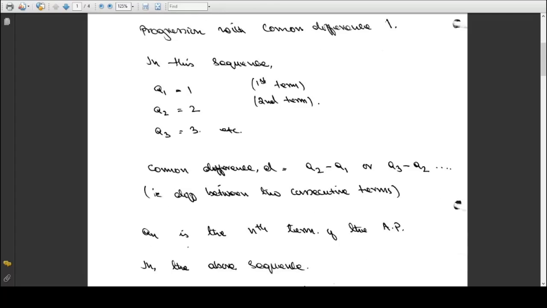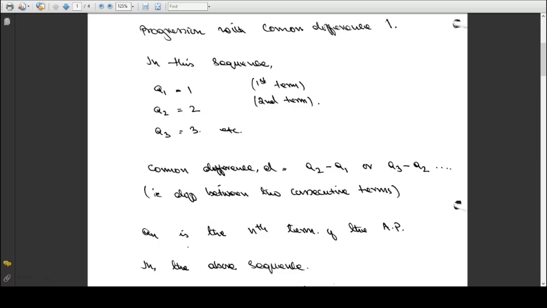Usually we denote this sequence by a1 as the first term, a2 as the second term, a3 as the third term, and so on till the nth term, denoted by an.